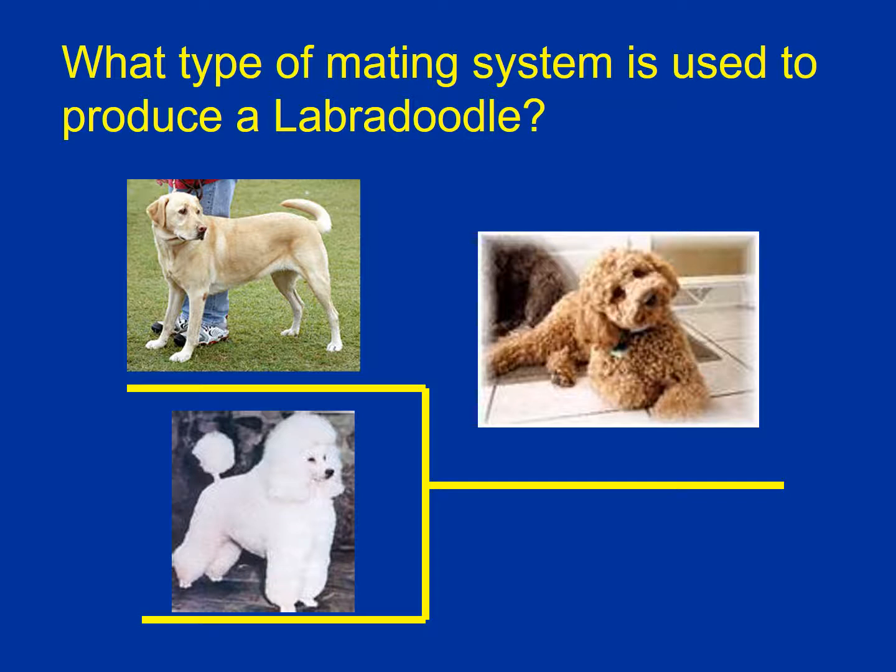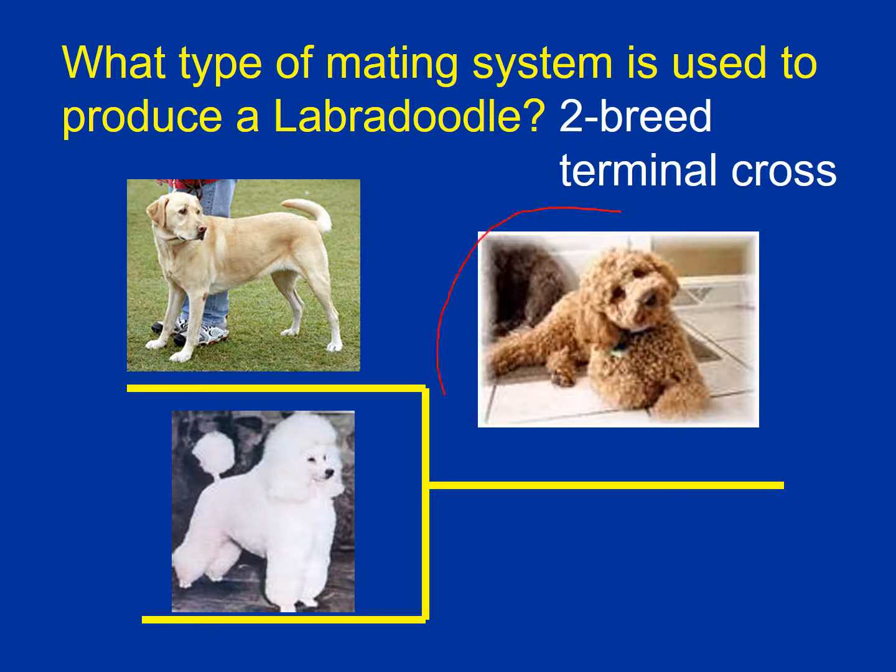What type of mating system is used to produce a Labradoodle? So we've got a poodle here bred to a lab, or you can do it vice versa. We get this offspring that is 1/2 lab, 1/2 poodle. Well, most times you would not probably mate this F1 dog, this Labradoodle.